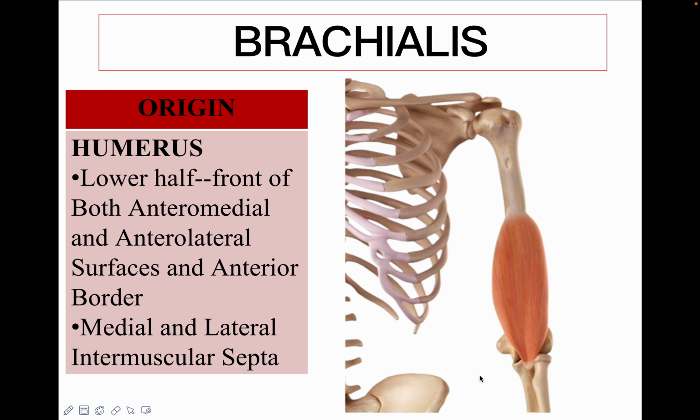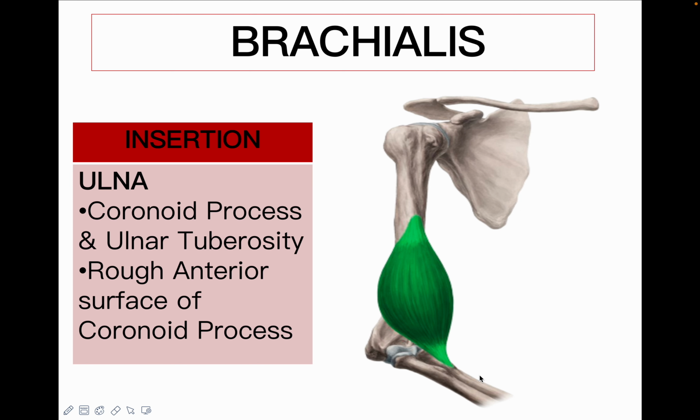In the arm, we have a single bone, that is humerus, and because it is a muscle of the anterior compartment, it covers all the anterior medial and anterior lateral surfaces and the anterior border, and also the medial and lateral intermuscular septum. So it is a bulky muscle, large, needs excessive surface area, and it gets inserted on the ulna bone, that is the coronoid process and ulnar tuberosity and the rough anterior surface of the coronoid process.